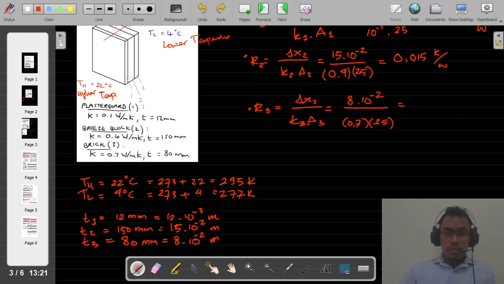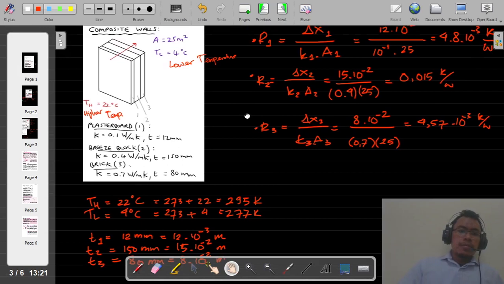So this is 8 times 10 to the power of minus 2 divided by 0.7 times 25. Okay, so I got 4.57 times 10 to the power of minus 3 Kelvin per watt. So we already get all the R.